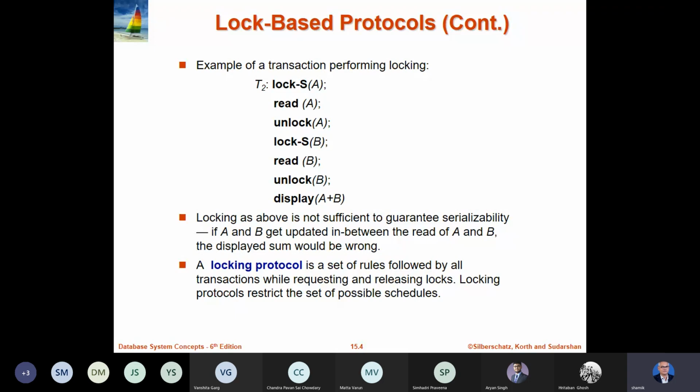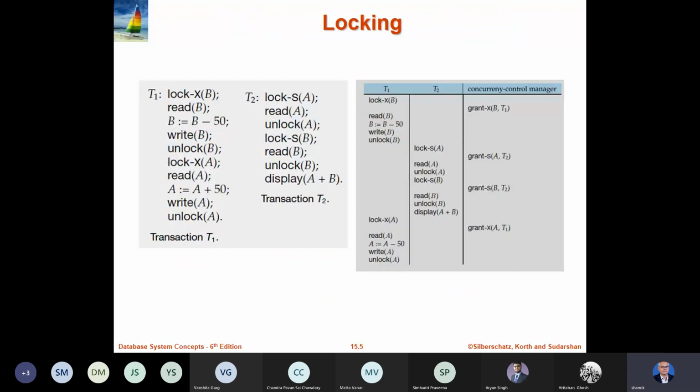Locking protocols restrict the set of possible schedules. If we did not have a locking protocol, the transactions could lock and unlock in any order, and we would have all possible combinations. But if you only allow locking and unlocking to follow a protocol, then only a subset of those possible schedules will be generated by the database management system. So let us take this example.